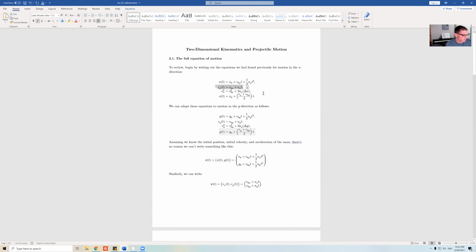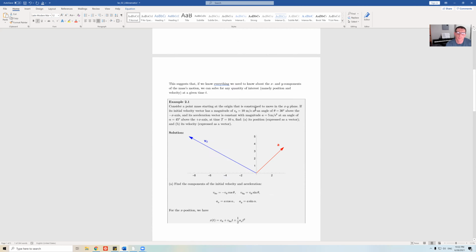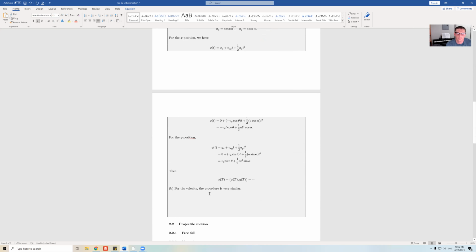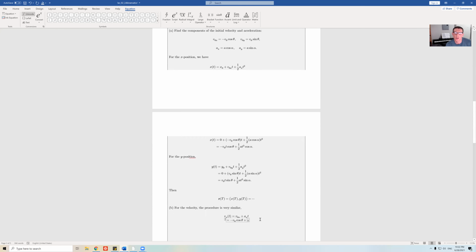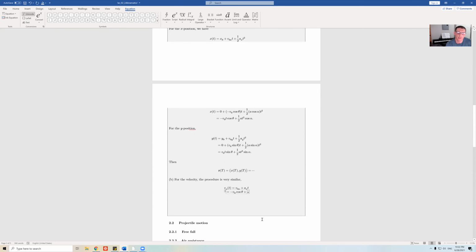Remember, it's this. And we found that the initial x velocity was negative v naught cosine theta. And then we're going to have plus a sub x t. A sub x was a cosine alpha, right?